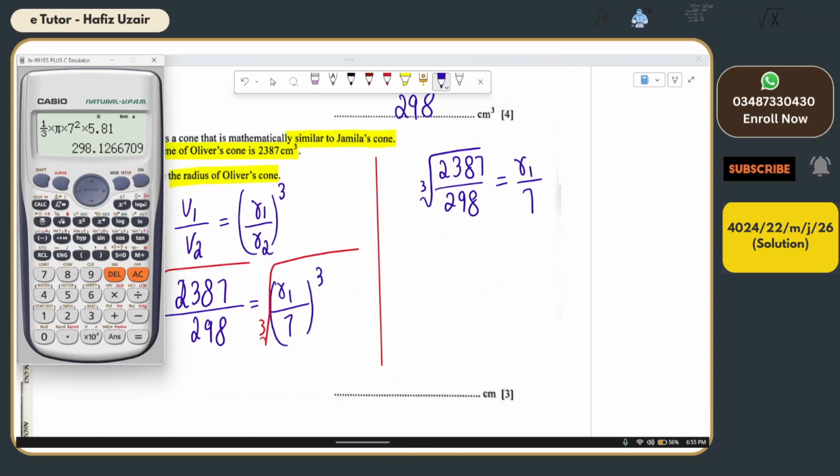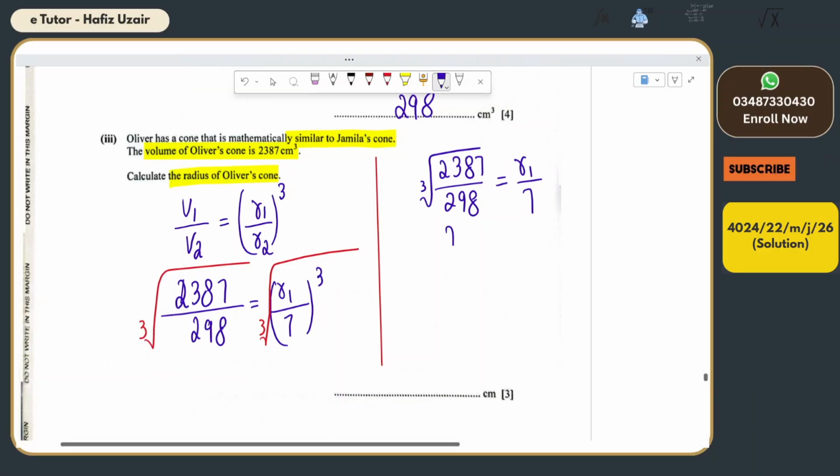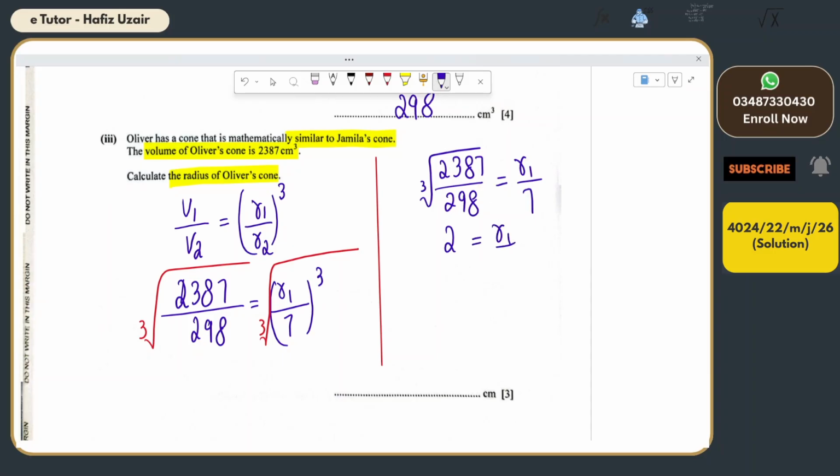Let's find out this thing on the calculator. So this is 2.0008, so you can write 2 is equal to R1 over 7. So 2 times 7 will be R1, so this will be equal to 14 centimeters. So hopefully you understand this question.